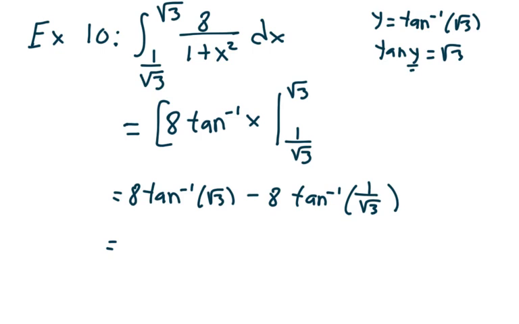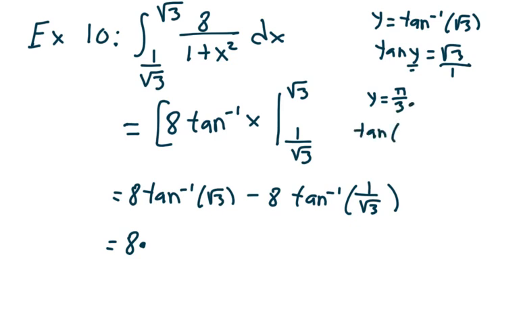And so this is over 1. That's how I'm kind of thinking about it. And so this is going to be 8 times. Now, I claim it's, if we let y be pi over 3.